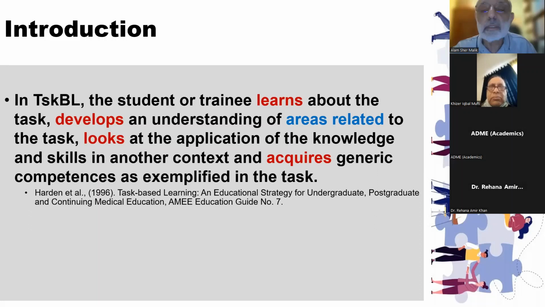And fourth, acquiring generic competencies. So we will go into more detail, but these are the four things which make up the components of task-based learning. The reason I really want to emphasize the second part is developing the understanding of areas related to the task.